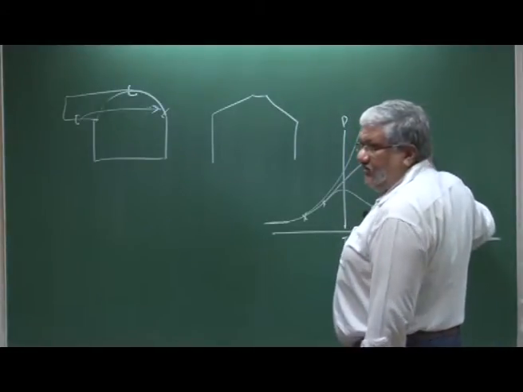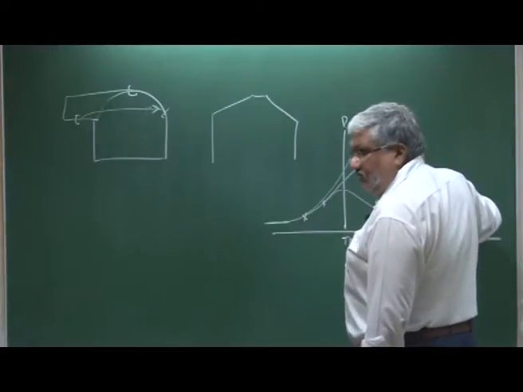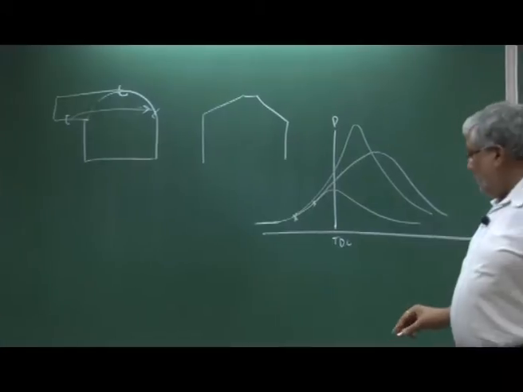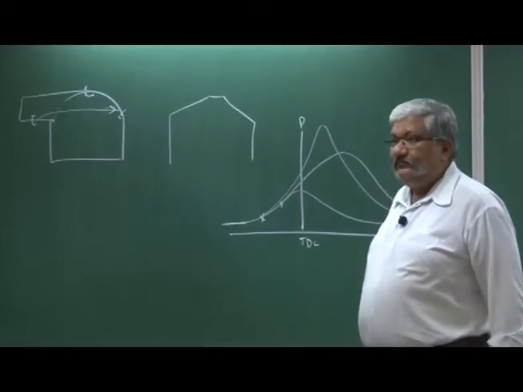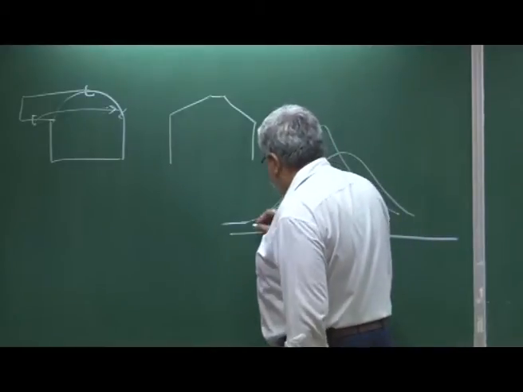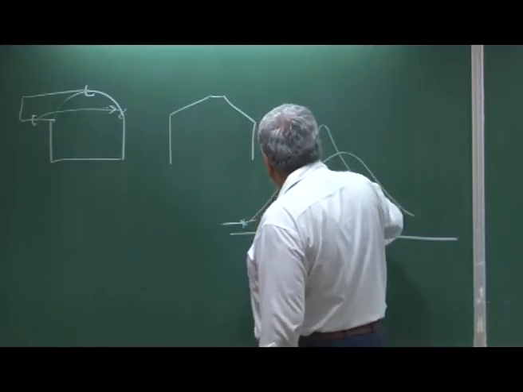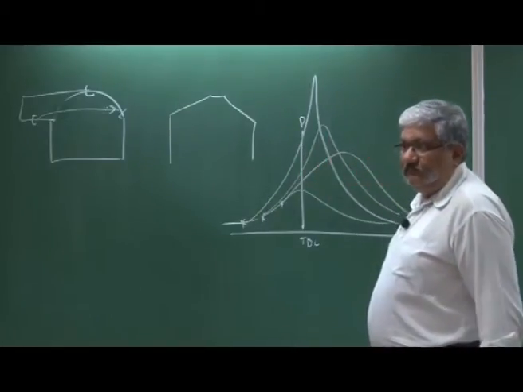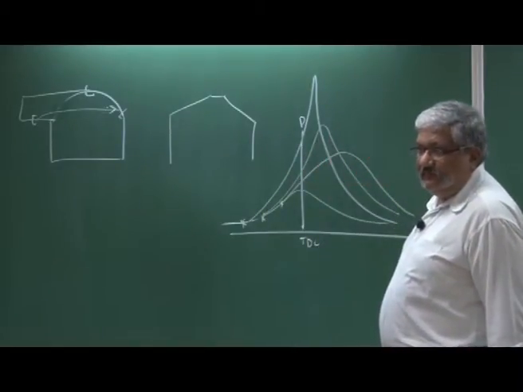So this magnitude will reduce, the pressure will reduce, and therefore what will happen to the knocking tendency? It will reduce. If I do it here, if I advance it, then what will happen? Right?